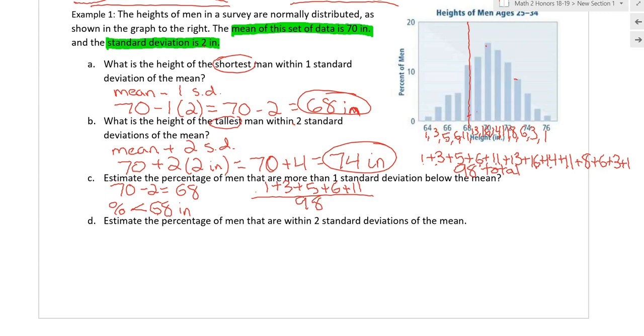So this is very similar to what we did in our probability unit. 4, 9, oh, can't count, 15, 26. It does want it as a percentage, so I'm going to get that as a decimal. So that's 26.5%.